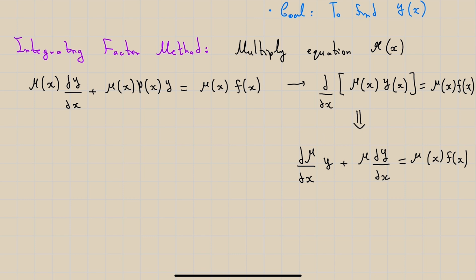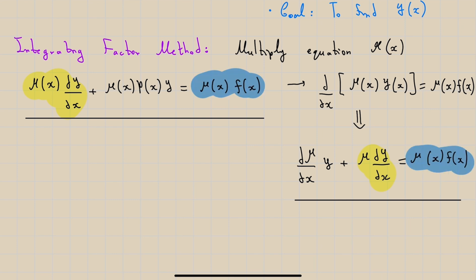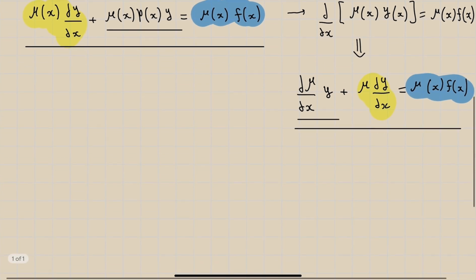Okay, so let's see which terms are present in this equation and in this equation. This one is here and this one is here. So in order to be equivalent, we have to have that this term should be equal to this term here.